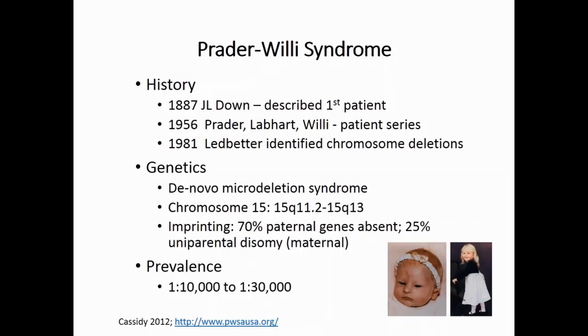And this occurs, again, on chromosome 15 between bands 11 and 13. Prader-Willi occurs for the remainder from a uniparental disomy. This occurs about 25% of the time when there are two inactive maternal copies of chromosome 15. The prevalence of this disorder is 1 in 10,000 to 30,000 individuals.